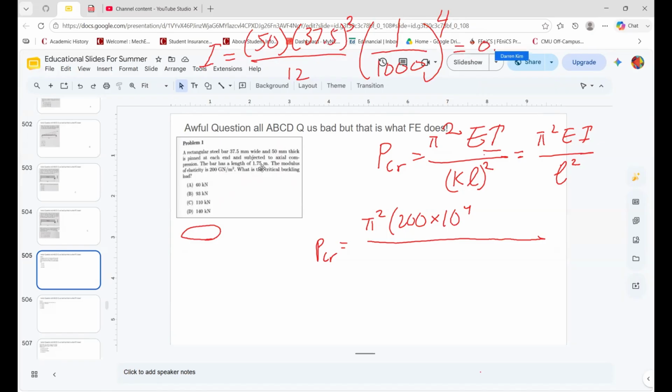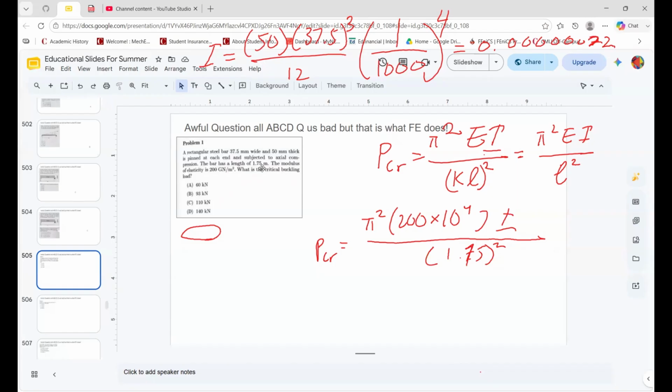So I get like 0.12345, I get 7 of these, I think, and then 2, 2. That is a powerful tool right there. Anyways, with that said, you plug in that I and you have L, which is 1.75 squared. Do not forget about the square. You plug into your calculator: pi squared multiplied by 200 multiplied by 10 to the 9, multiplied by whatever came before, and then divided by parentheses 1.75 squared.